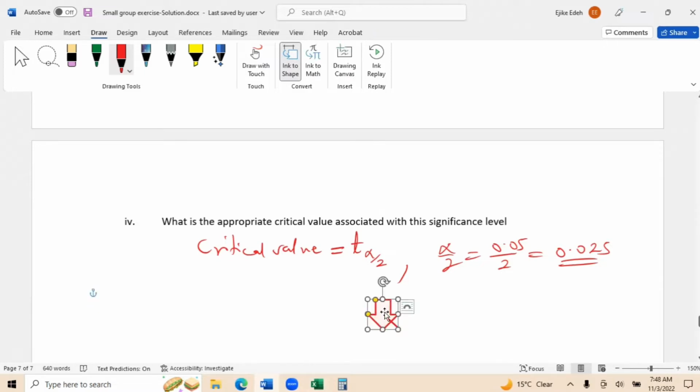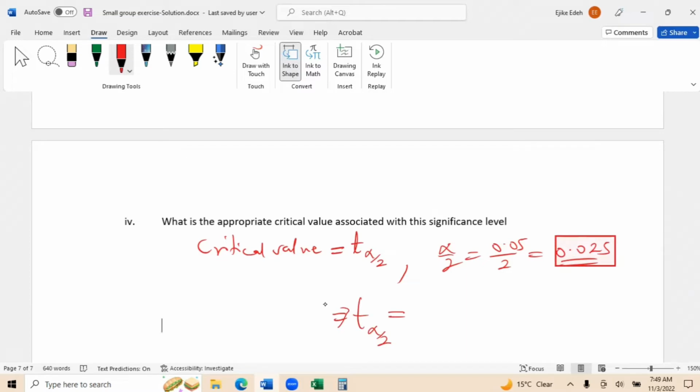I'm going to go to the T table, right? So this is our T alpha over 2. I'm going to go to the T table to get that value. If you go to the table, find out this area in between and find out the T value that is equivalent.